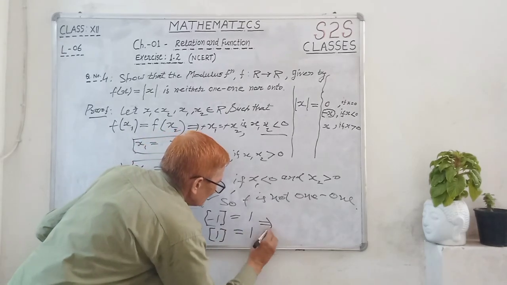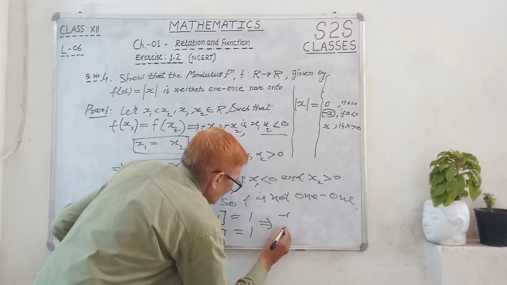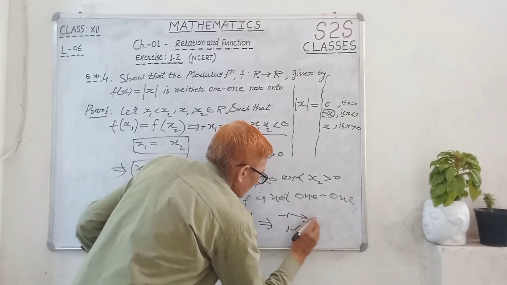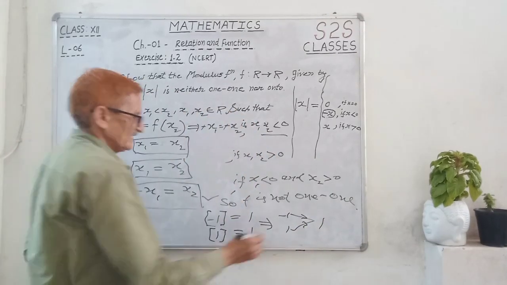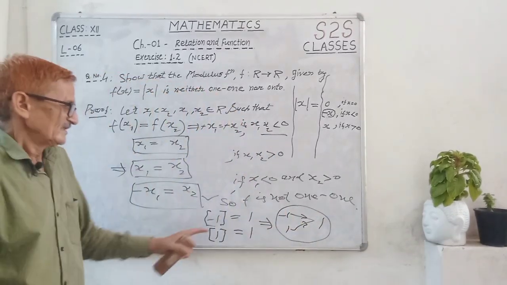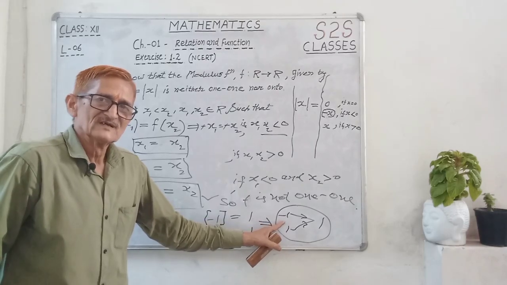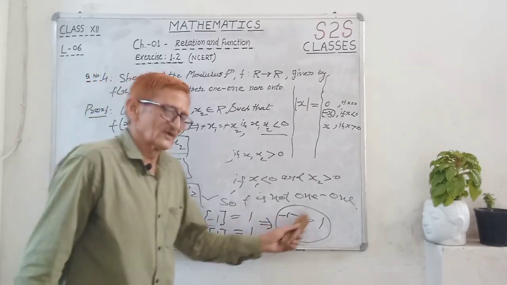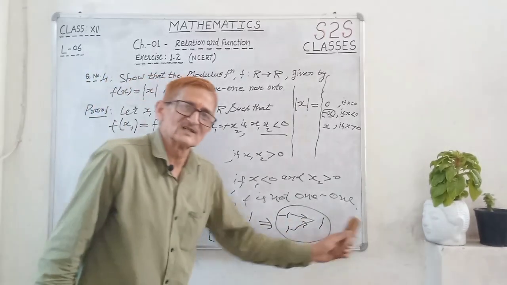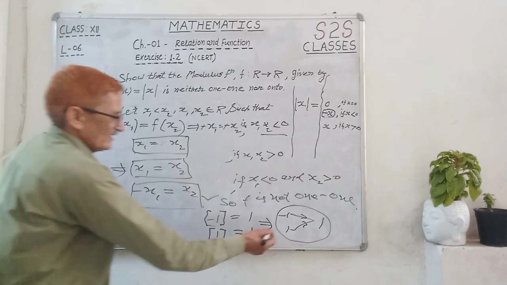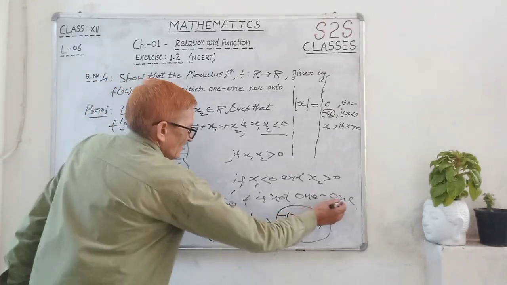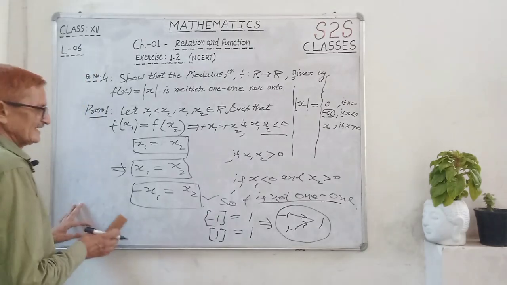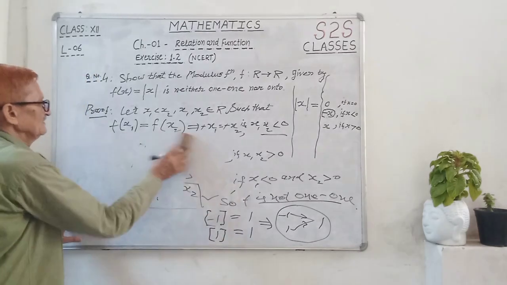So we can say that minus 1 and 1 are inputs and their output is 1. So it is many-one. You can give many examples: 2 and minus 2. The greatest integer of 2 is also 2, and the greatest integer of minus 2 is also 2. So for the falsity of one-one, you can give this example. Hence it is not one-one.